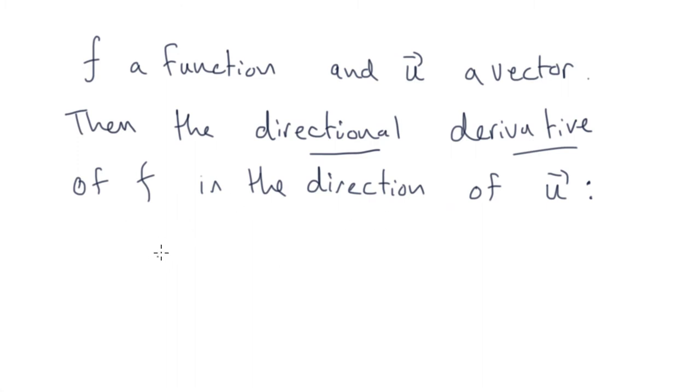because what we want to do is take the gradient of f. The notation is D sub u of the function f. Now what this is: we take the gradient of f and project it into the u direction.